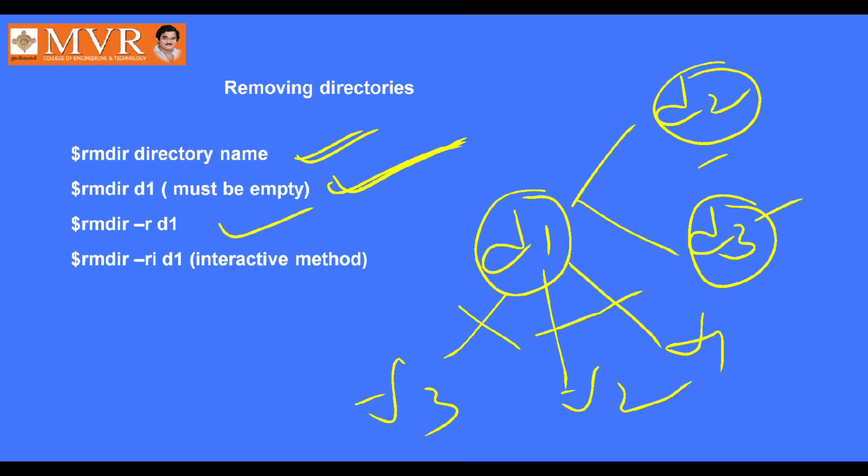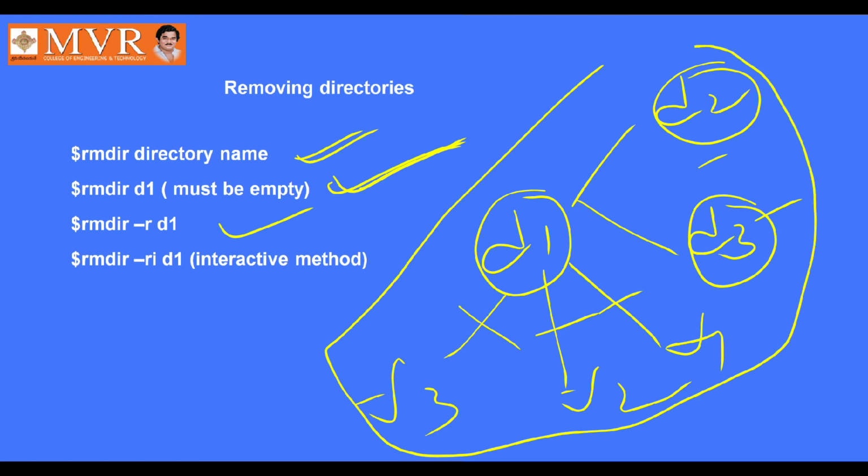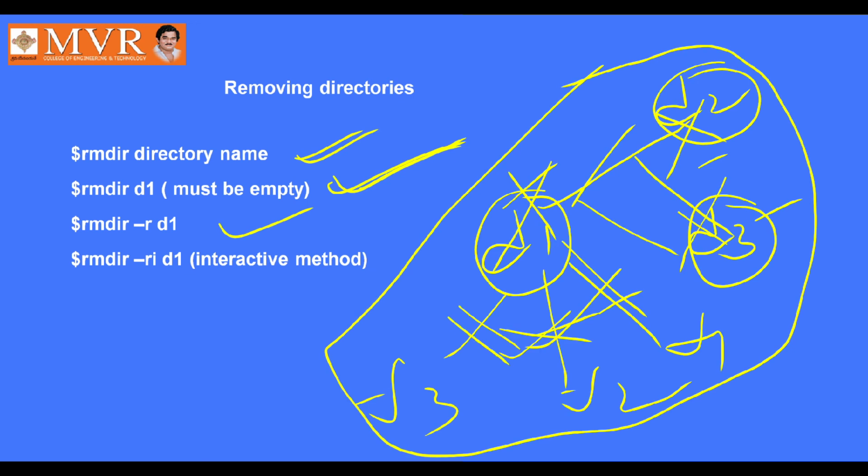So by using the normal rmdir command, we first need to delete d2, d3, f1, f2, f3. We need to remove all these, and only then can d1 be deleted. Now when you use the minus r option with rmdir, it will delete everything. Recursive means the directory which you want to delete, the subdirectories it has, and all the files the directory has.